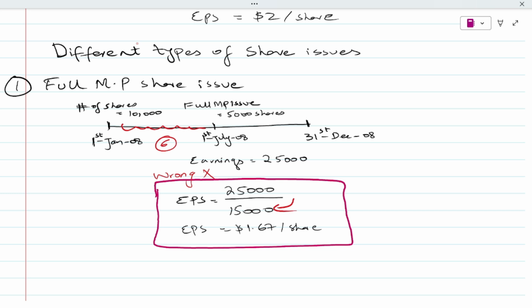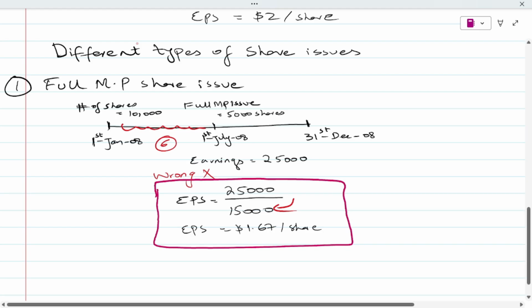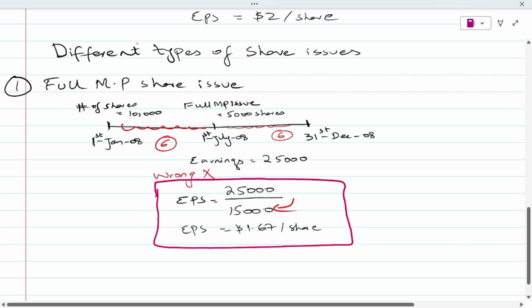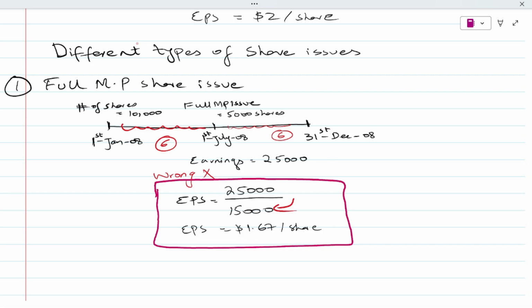And it was in the second half of the year that we had 5,000 shares more, which means 15,000 shares, right? But what about the first half? In the first half, you only had 10,000 shares. Then how can you divide the whole earning of 25,000 with 15,000 shares, which was just for the second half, not the first half? Because the new shares were issued on 1st July.